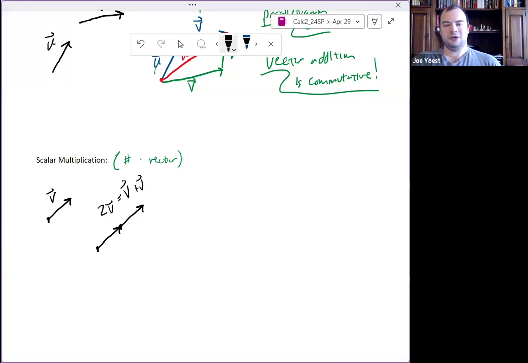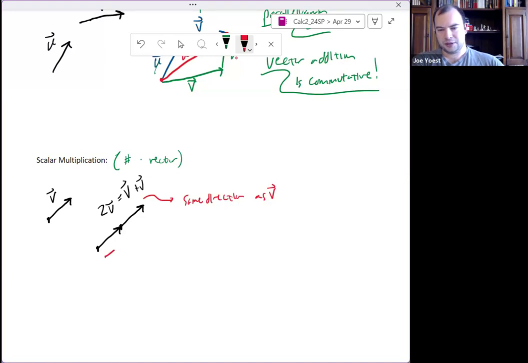What would 3 times V be? I would just tag on another: V plus V plus V. In other words, 2V, maybe not write an arrow, I don't want to get that confused as a vector, but what would 2V be? To say what a vector is, I need magnitude and direction. It would have the same direction as V, right?